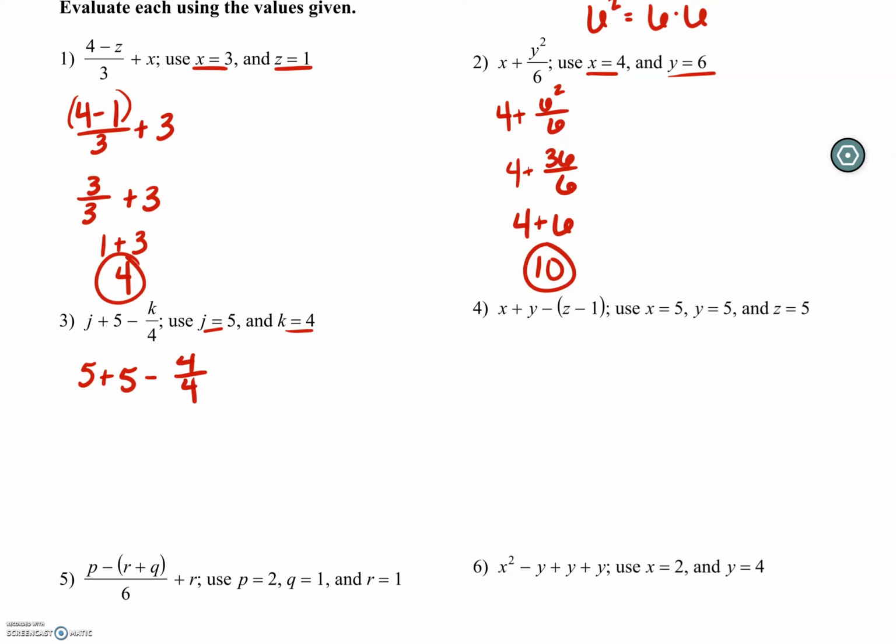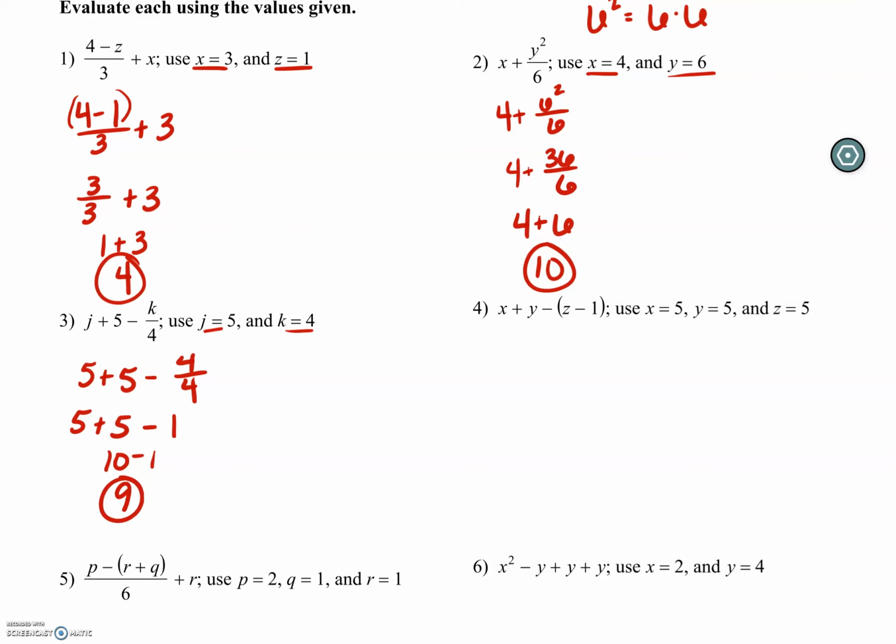We have to take care of that division problem before we can start adding and subtracting. So 5 plus 5 stays the same. We still have that subtraction sign, but 4 divided by 4 would be 1. And now we're down to only addition and subtraction, so we're going to work left to right. So 5 plus 5 would be 10, and 10 minus 1 would be 9. And that would be our final answer.